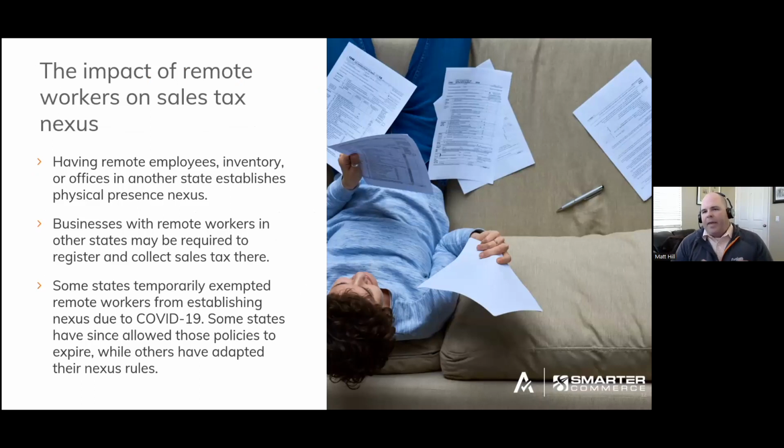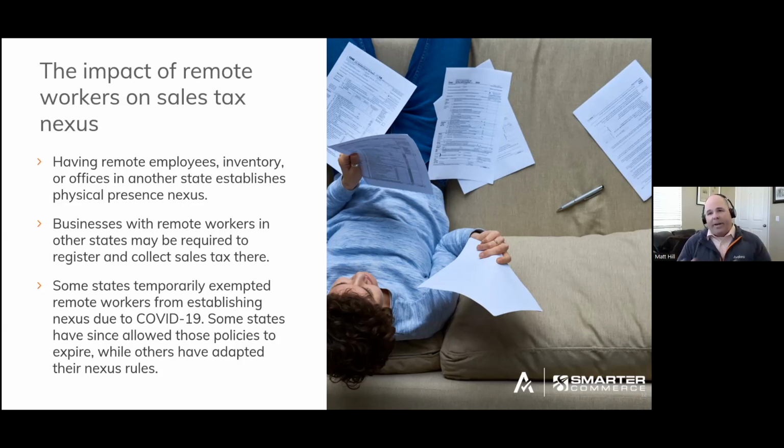The other key thing that we've seen, especially with the advent of COVID, is a remote workforce. That being, you've now got individuals and employees that reside in different states that are doing business on your behalf. And so this concept of physical nexus is still in play. States have eased certain regulatory requirements around what establishes nexus based upon an employee.